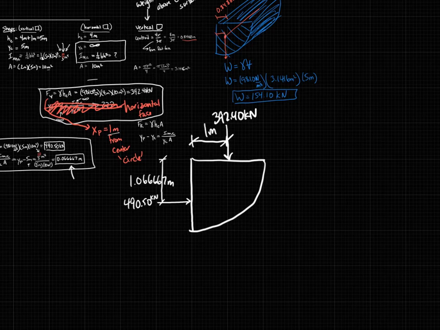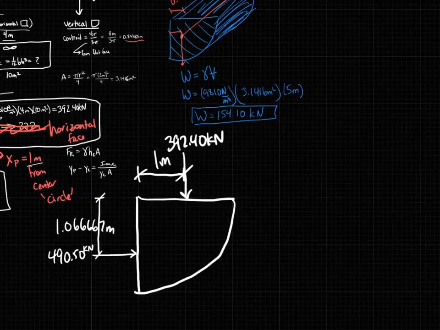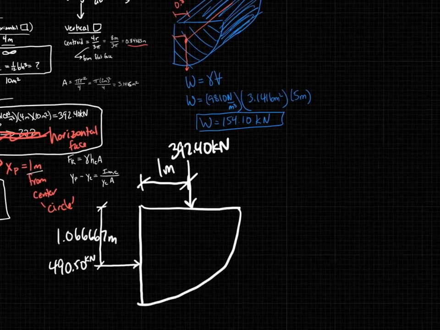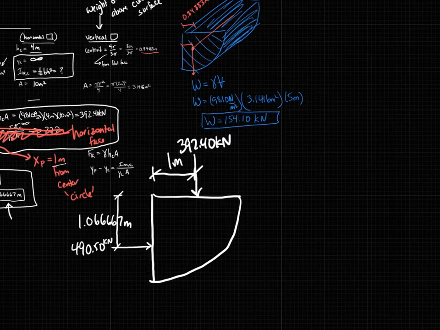All right. Now we've got this weight, which is in blue, 154.10 kilonewtons, and it's acting, well, let's go right in here, and we'll go this way till we get 0.883 meters.